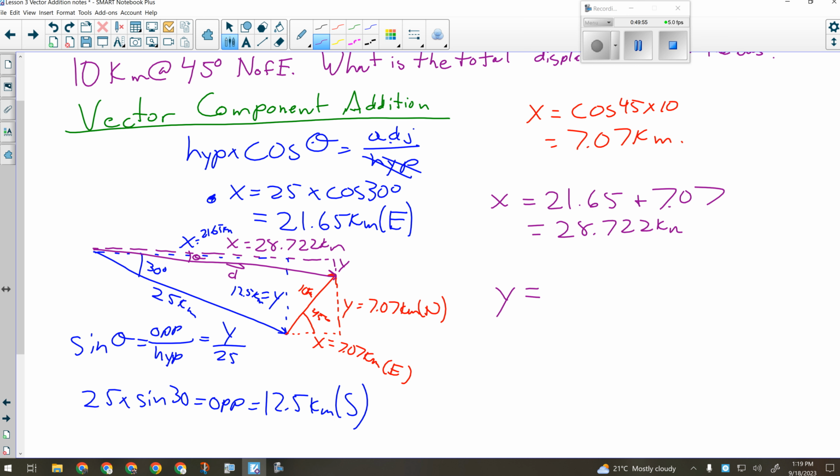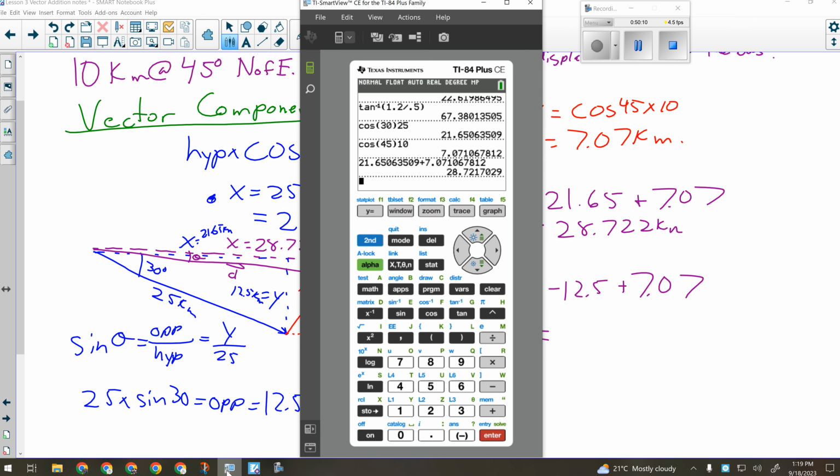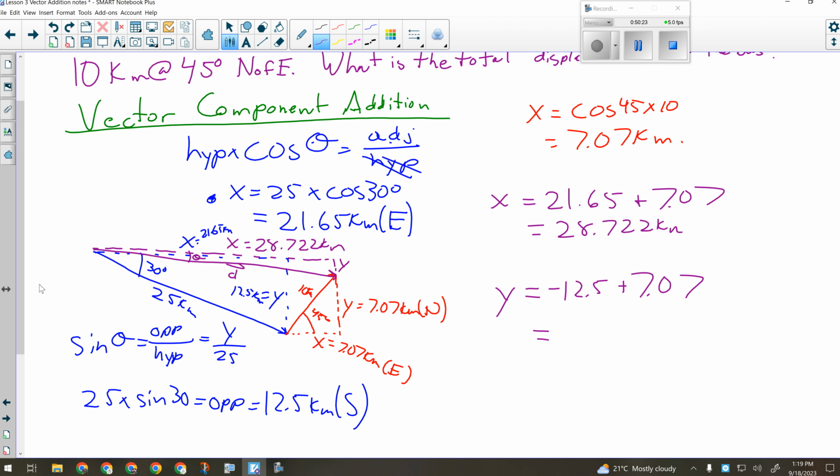So blue y was 12.5 kilometers south. Red y was 7.07 north. Okay, so we end up 5.43 kilometers south.